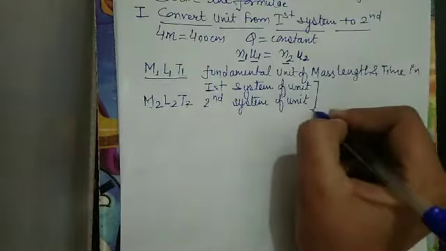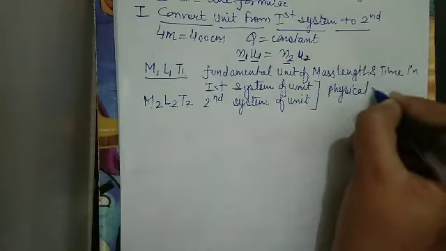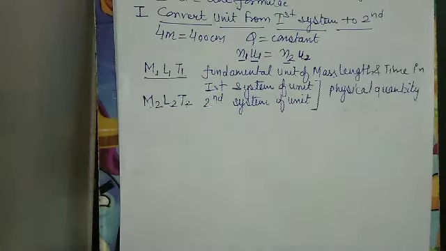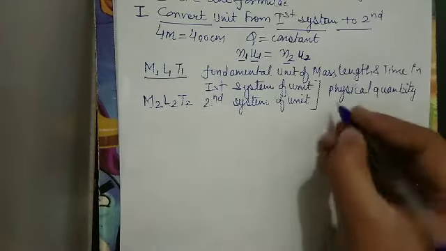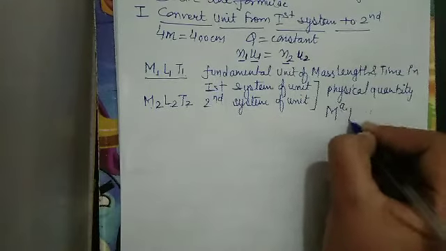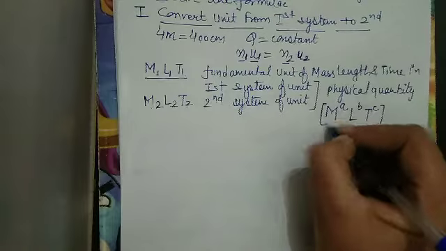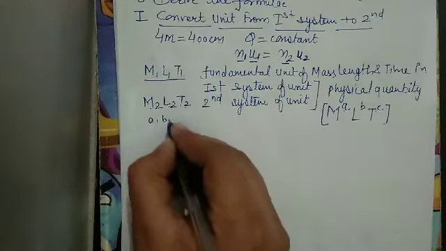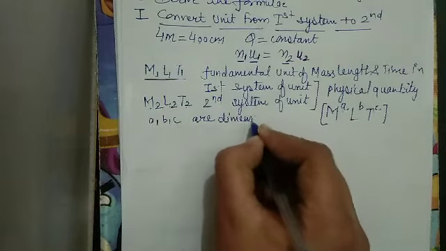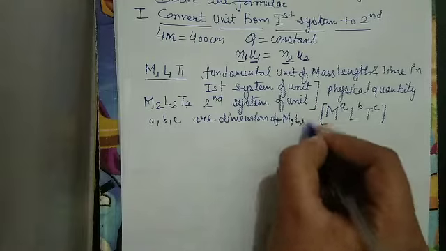The quantity that is being considered is a physical quantity. As we know in dimensional analysis, each and every physical quantity is represented in terms of exponents of M, L and T. So A, B, C are the dimensions of mass, length and time.